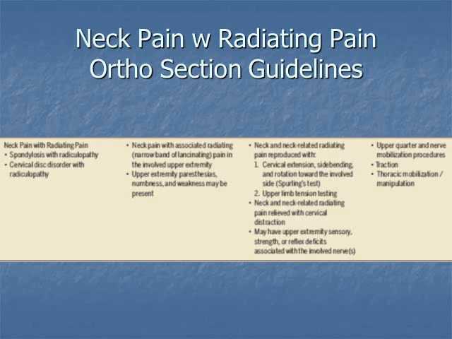Notice here the recommended treatments have changed a little bit. We now have upper quarter and neural mobilization procedures. We have traction, and we have thoracic mobilization and manipulation. Notice here how the repeated motions to centralize symptoms have disappeared.